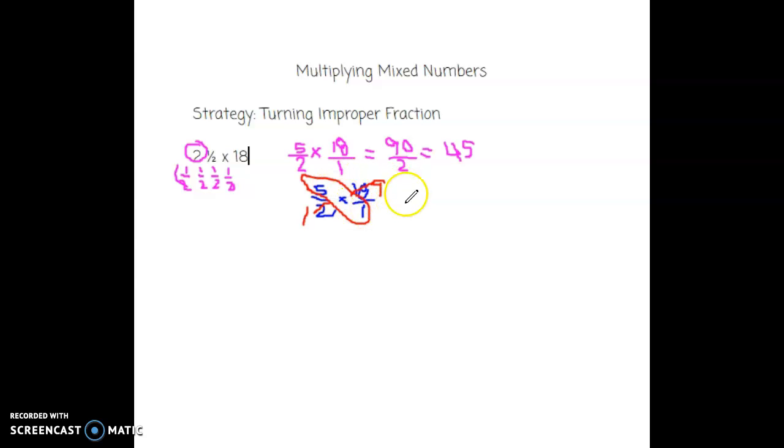So now, after you cross canceled, you've got 5 over 1 times 9 over 1, which is the same as 5 times 9, and 5 times 9 is 45 over 1, and you know anything over 1 is a whole number, so your answer would be 45. And that's how cross-canceling makes your multiplication a little bit easier instead of doing big numbers times each other.